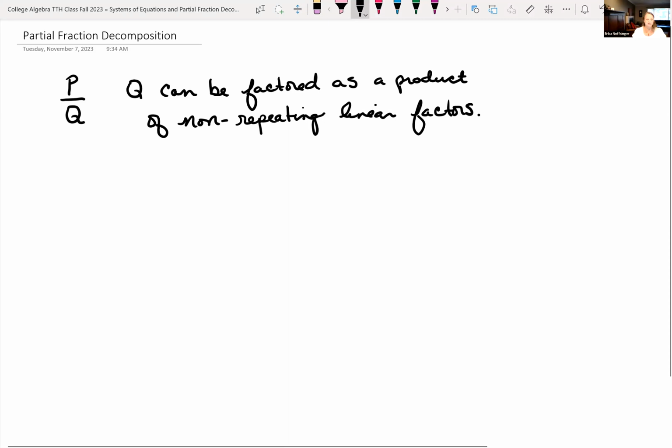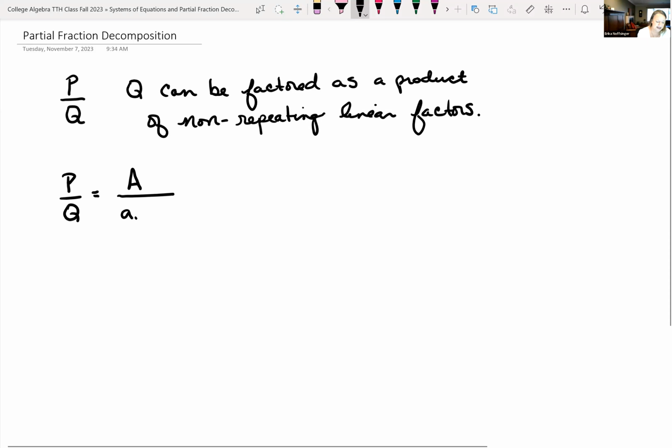If this is the case, then we're going to take this p over q and rewrite it where we take some variable, let's call it capital A, and put it over one of our factors.